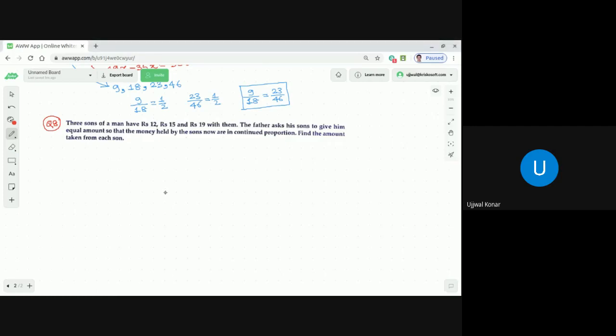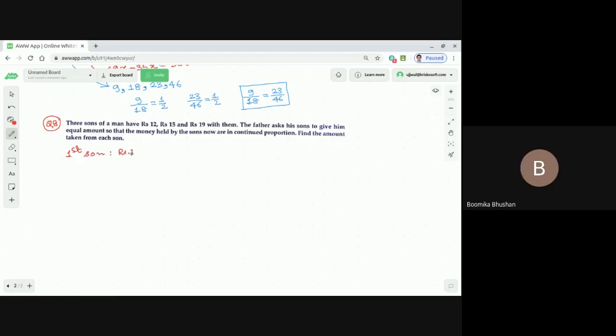Okay. So, the numbers are 12, 15, and 19, right? The father asked these sons to give him an equal amount. So, suppose that equal amount is x. The first son is having what amount?